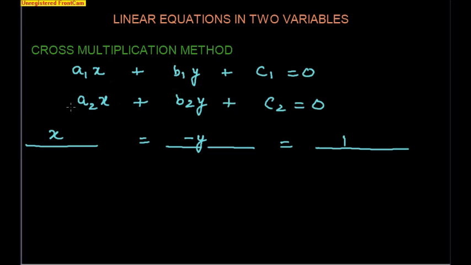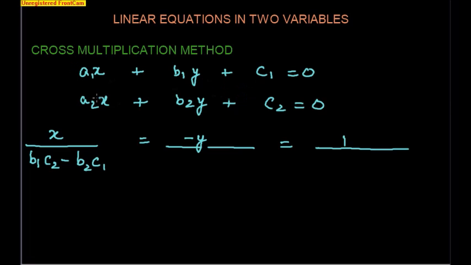Do not take this, we multiply these. I multiply this and this. Remember, always the multiplication moves from right to left. So I multiply b1 into c2 minus b2 c1.